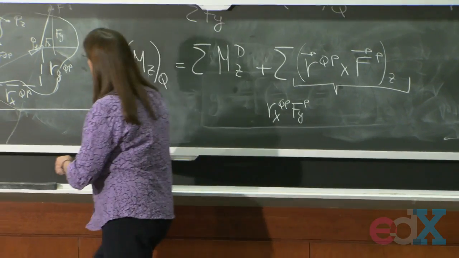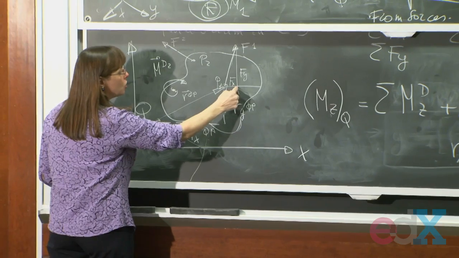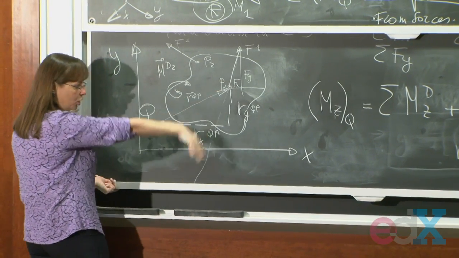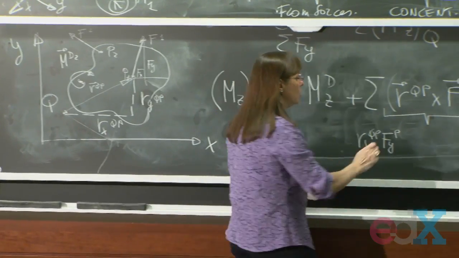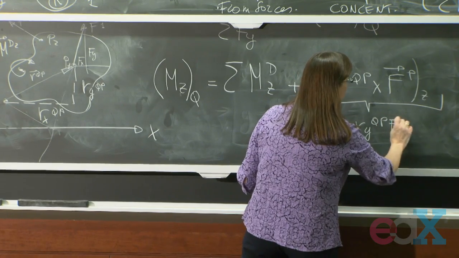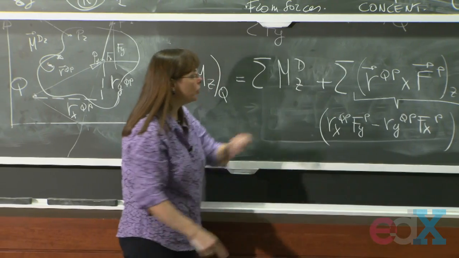Fy at P, and Ry only acts through Fx, and you see that a positive Fx and a positive Ry makes me rotate negative. So I have minus Ry QP Fx at P. So this is the z component of that thing.